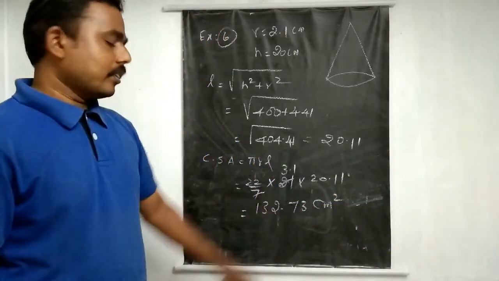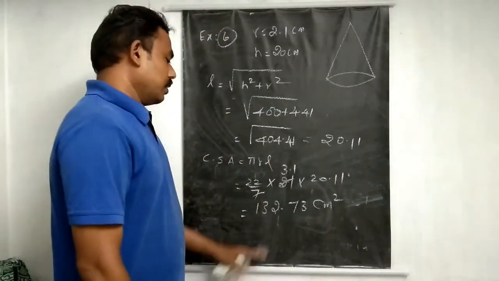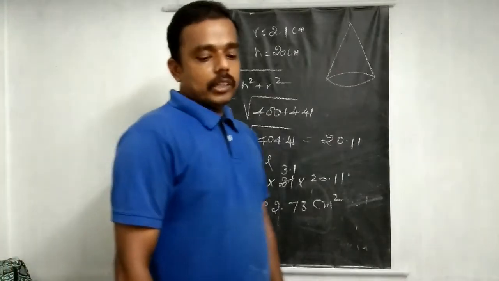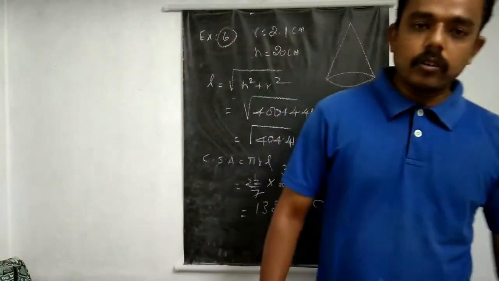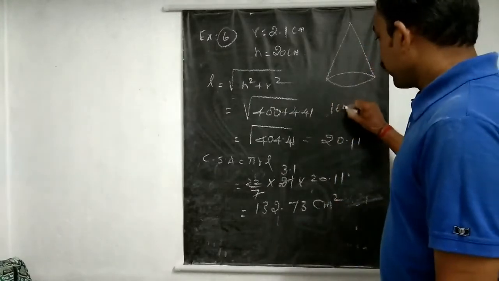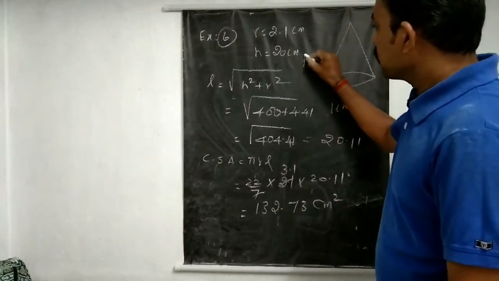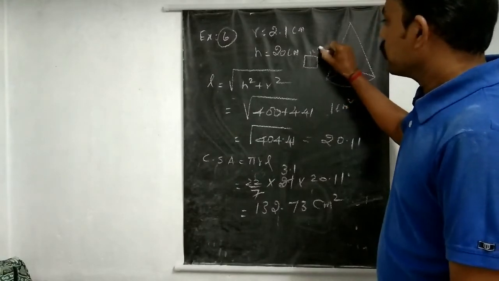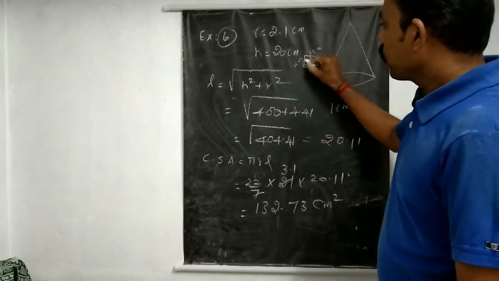Now think about this. This much area you have in your particular cone, but it's given for 1 centimeter squared area. What is meant by 1 centimeter? Each side you have 1 centimeter, and it has 4 cones.